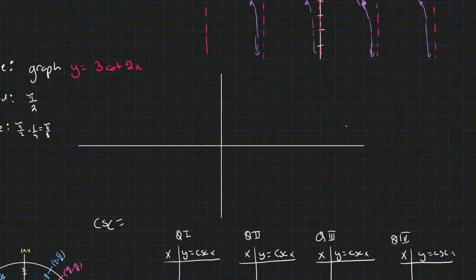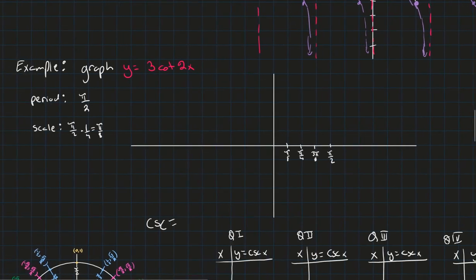So 1 pi over 8, 2 pi over 8 is pi over 4, 3 pi over 8, and then 4 pi over 8, which is pi over 2.